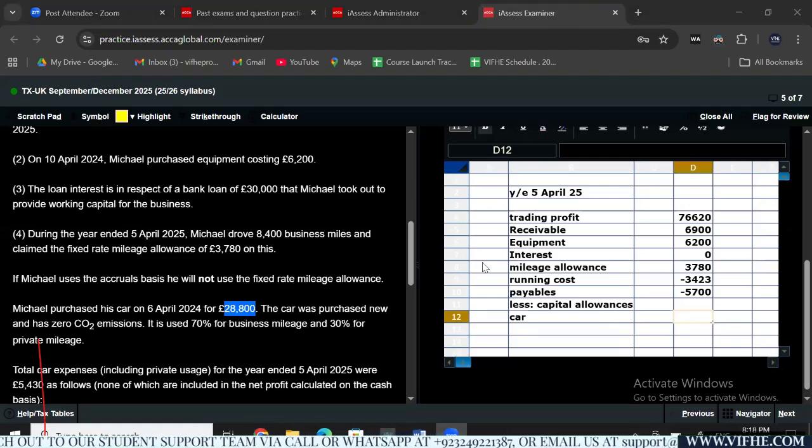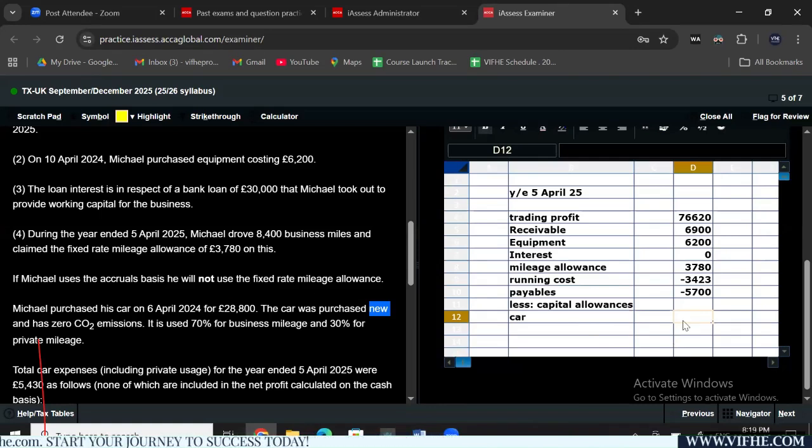Yes, the car is having a carbon dioxide emission of zero. It's a new car. It is explicitly said in the question. So 100% first year allowance will be available, but considering it's an asset with personal use, only 70% of the allowance will be claimable.